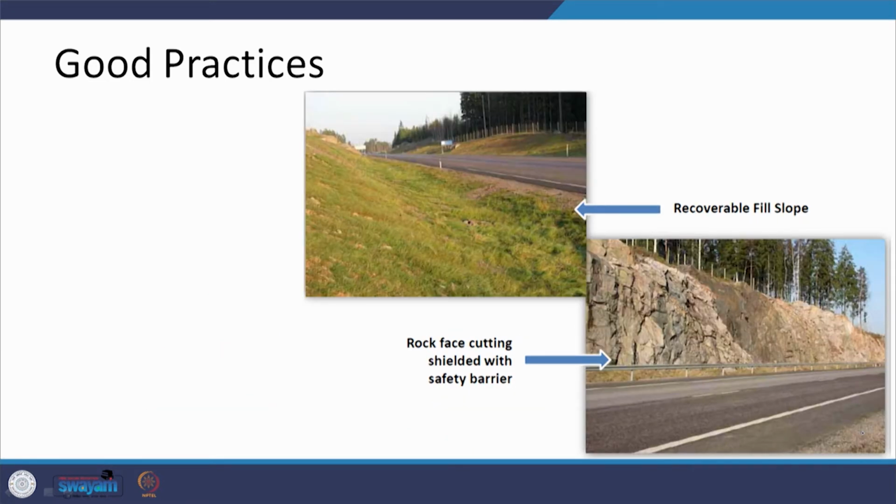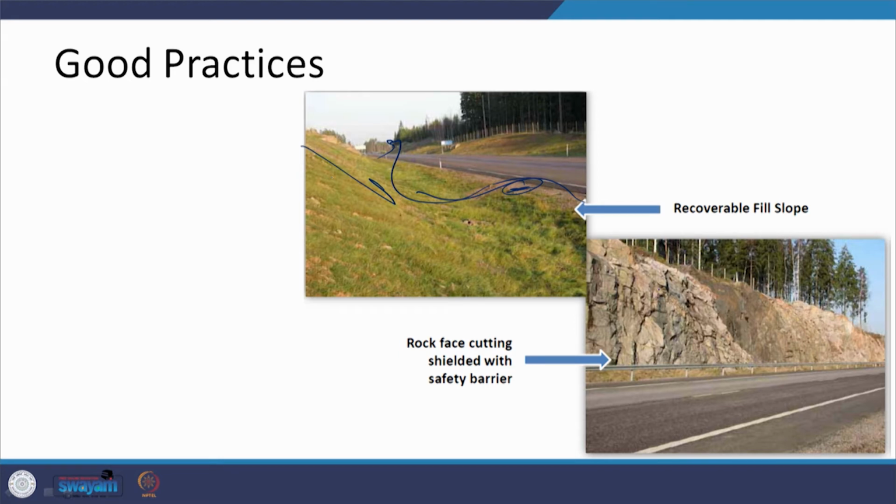Here again, the vehicles which are moving here have been provided with a small shoulder which is not paved, but if any vehicle goes here, because of these slopes being provided, this vehicle is going to come back on the highway. So, it is again a recoverable type of slope, and that is also a part of a forgiving condition.